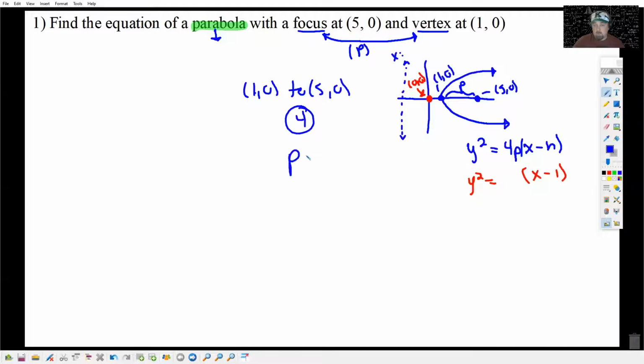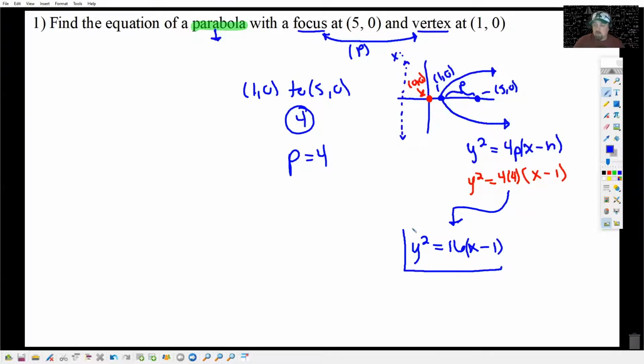So p is equal to 4, and this has to be 4 times 4. So my final equation is y squared equals 16 times (x minus 1).